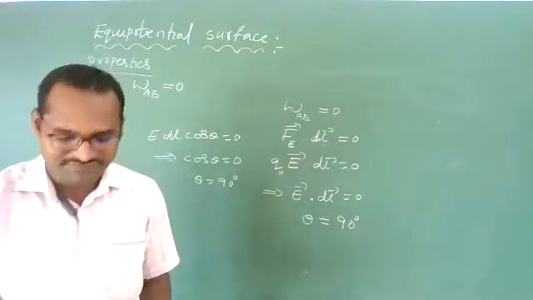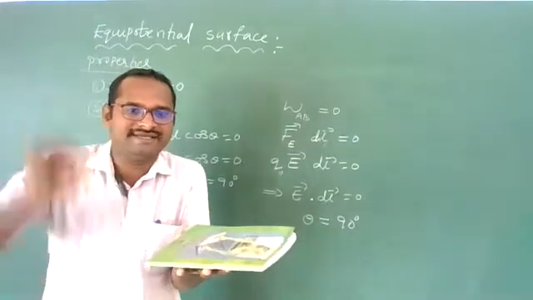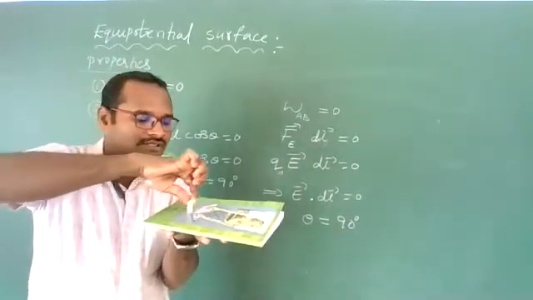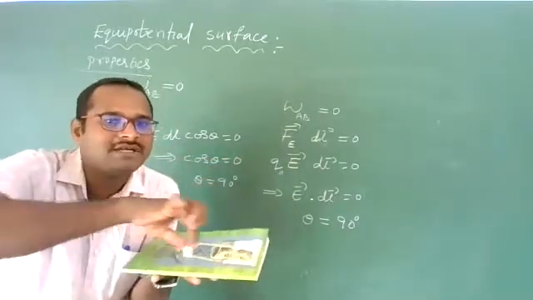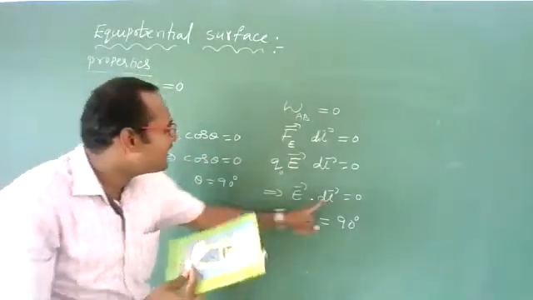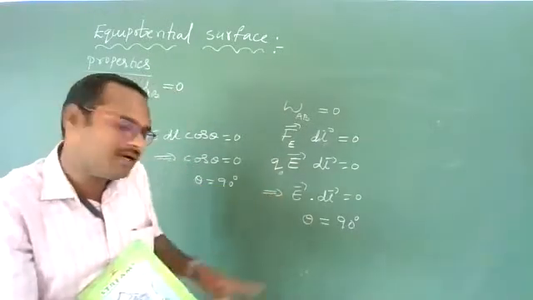However, if you want to move a charge on a surface, this is a surface, and on this a charge is there. How do we want to move? We will move like this, parallel to the surface. Means dl is along the surface. Now, what about E bar?